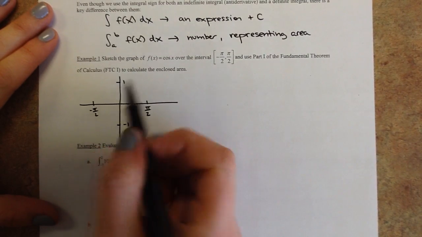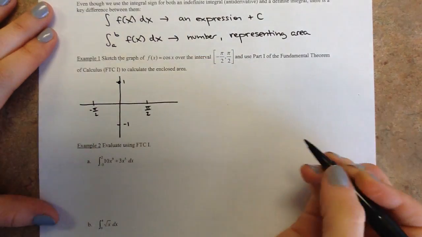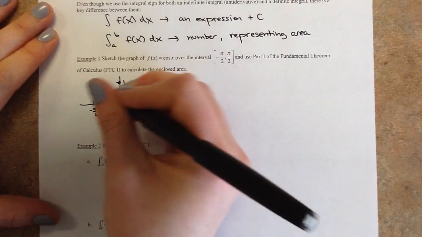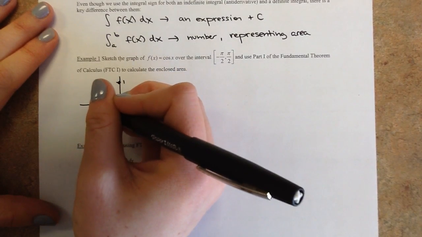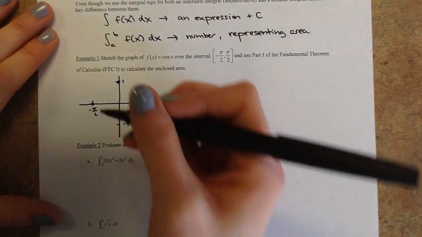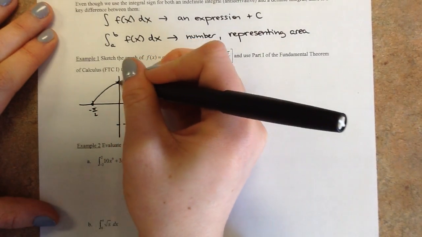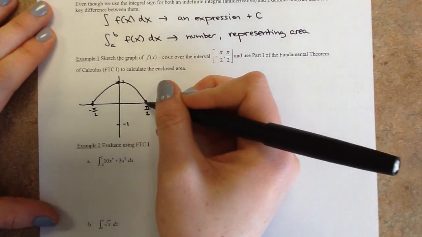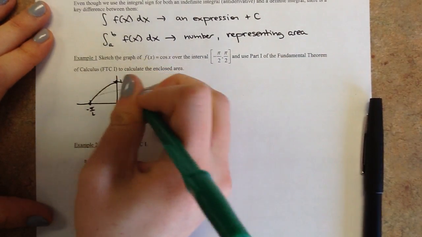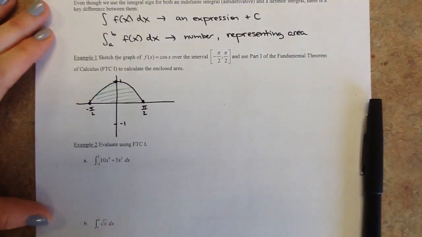Cosine of 0, if we picture our unit circle, is 1. The cosine of pi/2 is 0. And then if we go backwards, -pi/2 is in the same spot as 3pi/2. That cosine is also 0. So we've just got this little bump of the cosine curve right here. And then we know it would go down below the x-axis and repeat itself, but we're only interested in the part from -pi/2 to +pi/2.